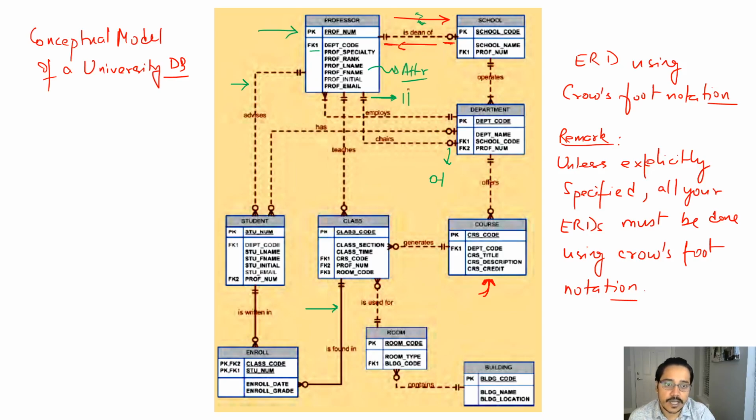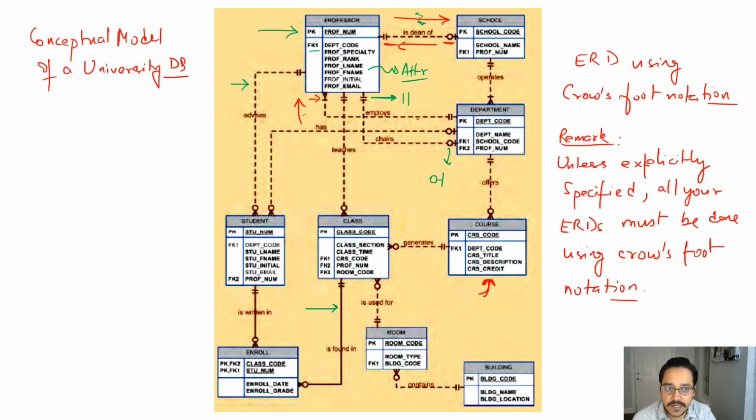Okay. So now you can look at this one here. Department employs professor. Okay. So that means a department must employ at least one professor. A department cannot be a department if there is no professor in there, right? Then who is going to teach the courses? So that is why the participation of this relationship in this direction is mandatory, and that is how it is represented with a dashed line and then the M sign.